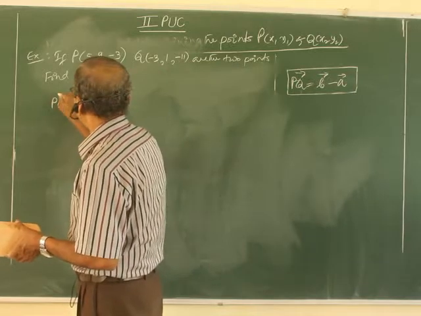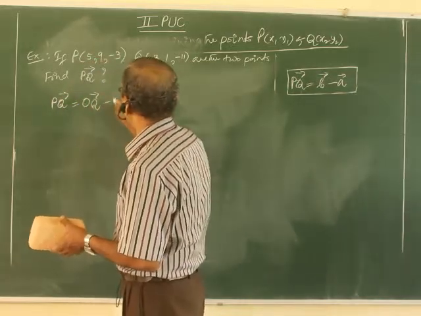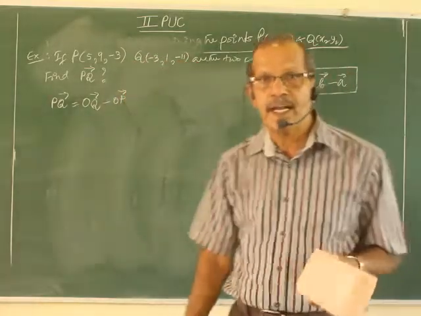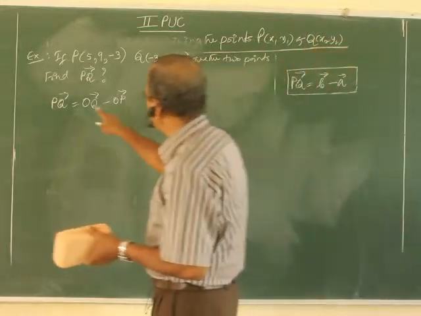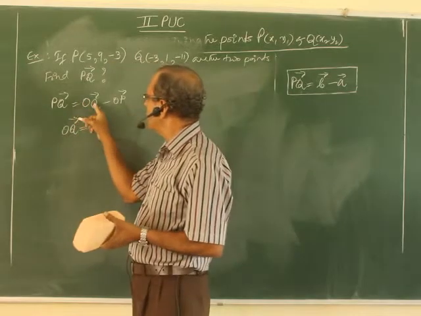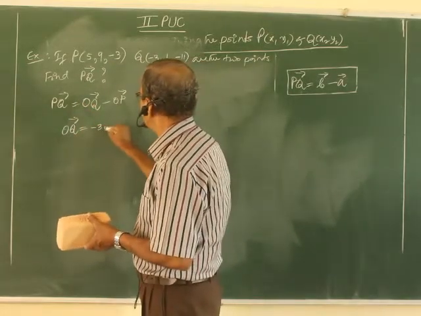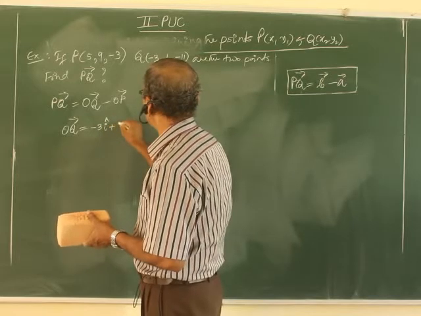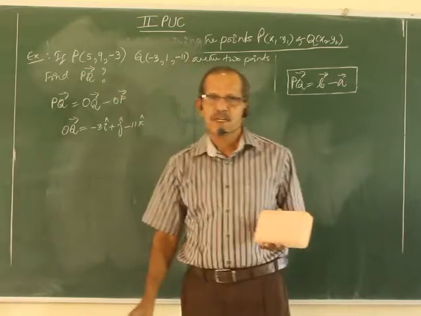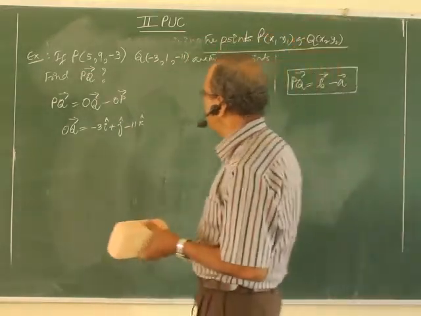PQ equals, let me write the formula first: PQ is OQ minus OP. OQ is the position vector of the point Q. You are actually writing this as -3i plus 1j minus 11k. Remember, whenever the point is given, you have to write i, j, k when you write the vector.